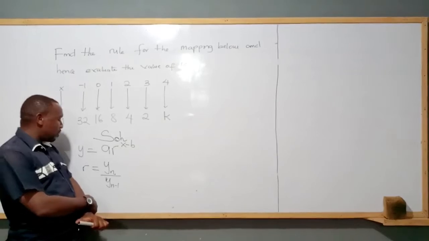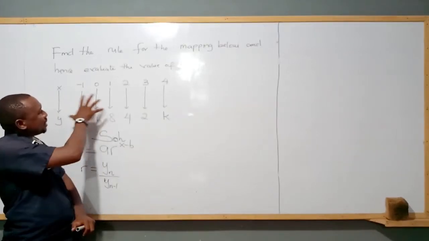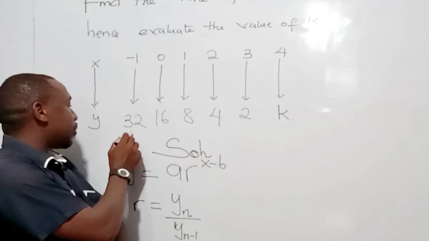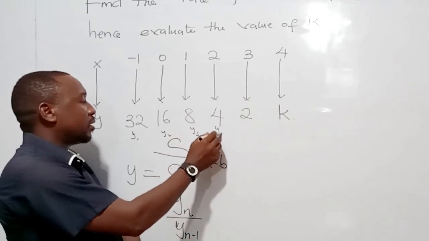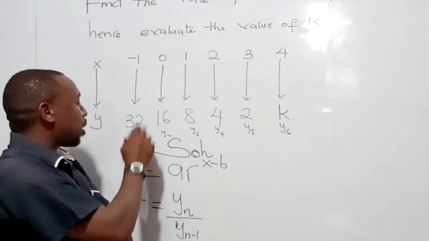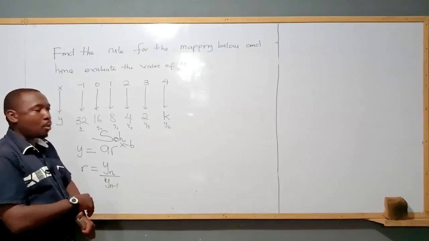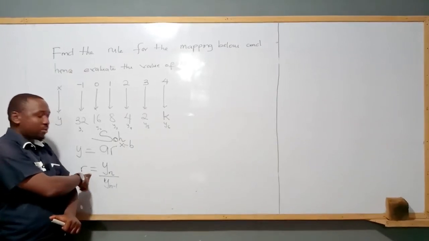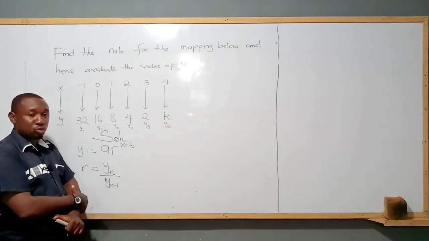Now, what do we mean by y sub n all over y sub n minus 1? In fact, when you write it this way, normally what we do is to name them y1, y2, y3, y4, y5, y6. If you want to find a common ratio, this is the general formula for finding the common ratio: y sub n all over y sub n minus 1.